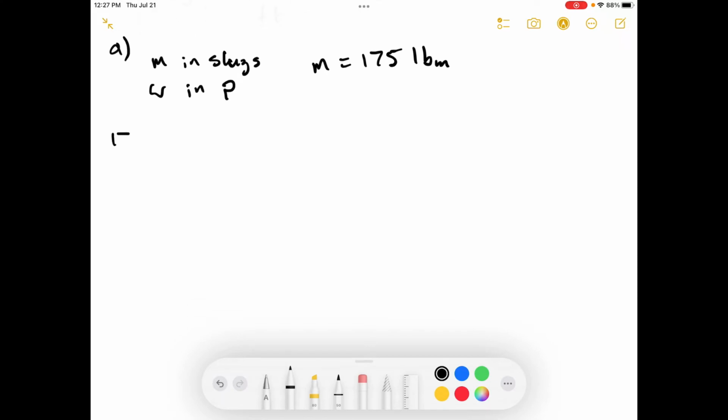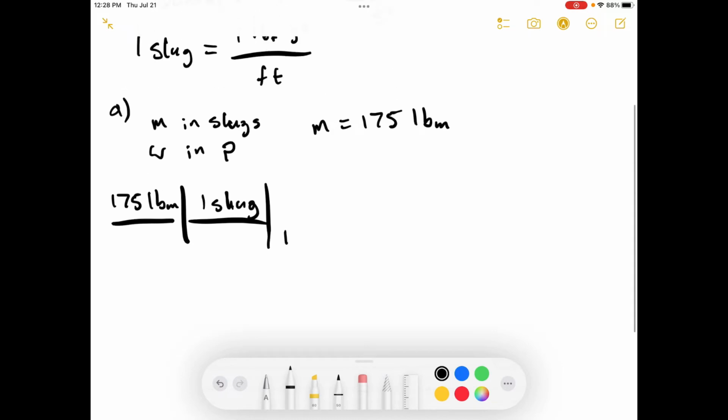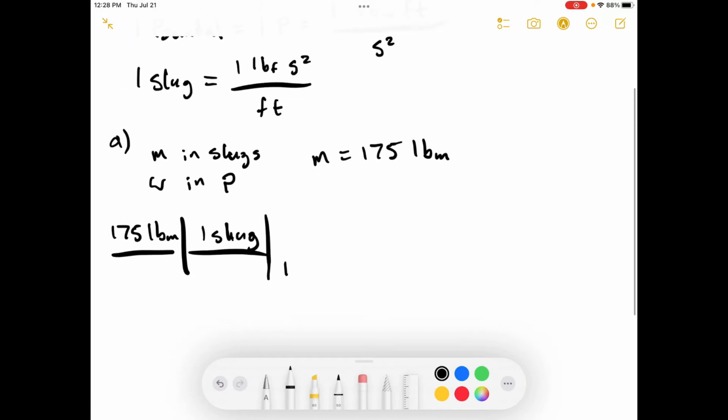So let's do that. 175 pounds mass, times 1 slug. 1 slug is equal to 1 pound force second squared per foot.